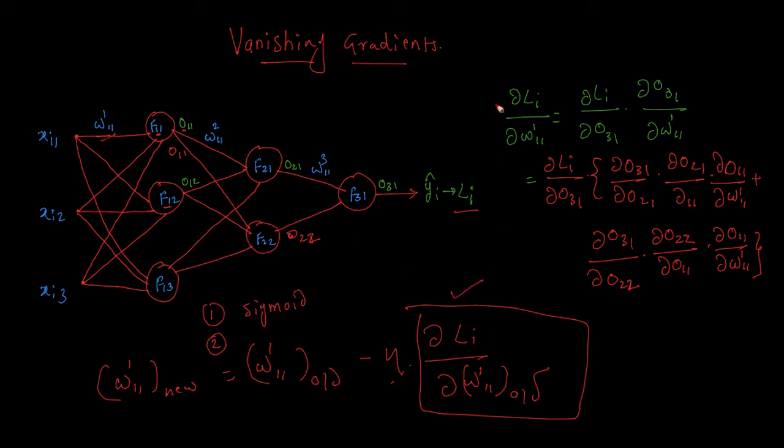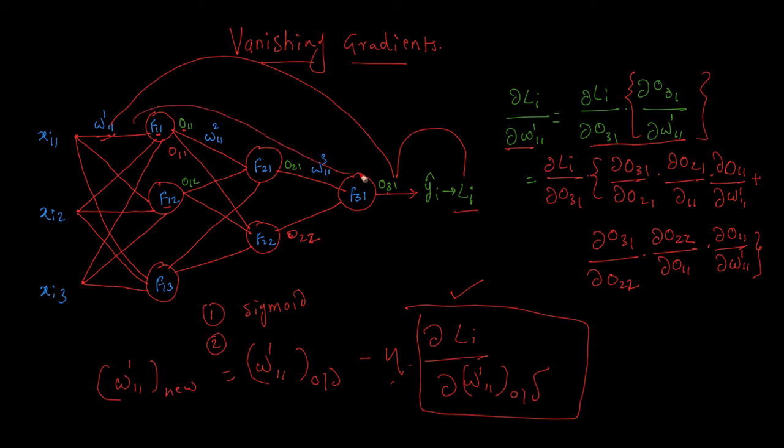If I write this derivative, the derivative of loss with respect to weight is, by using the chain rule, the derivative of the loss with respect to O31 times the derivative of O31 with respect to W11. Now, to compute the derivative of O31 with respect to W11, we have two paths.